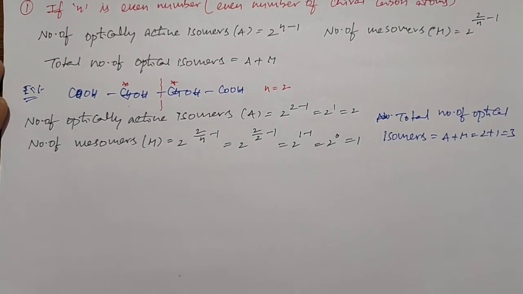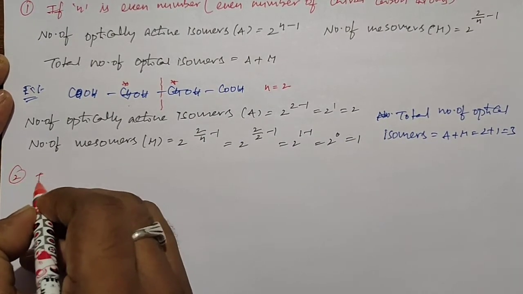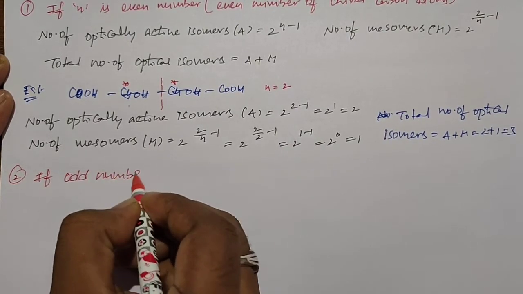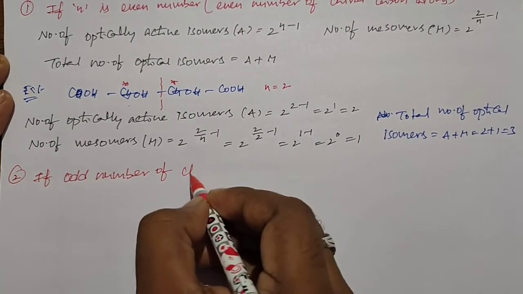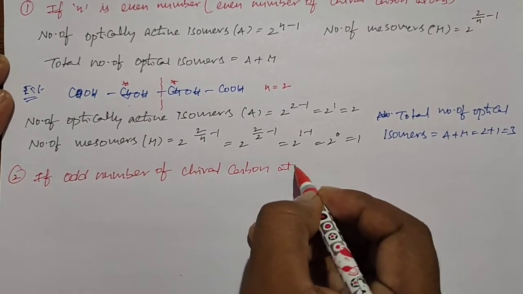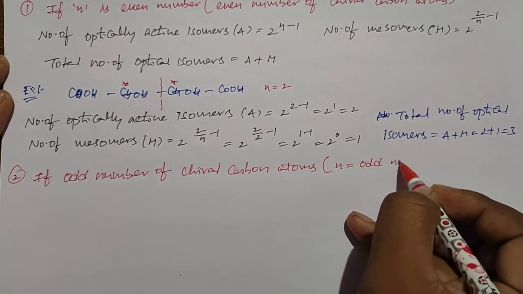The second case is if an odd number of chiral carbon atoms is present, or n is an odd number.